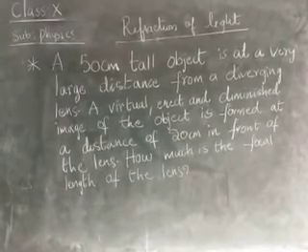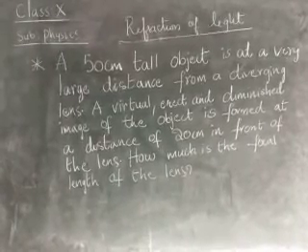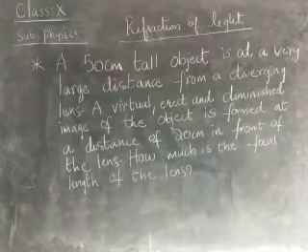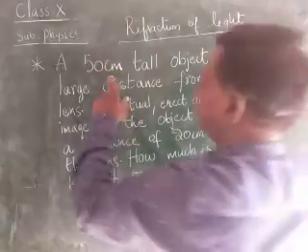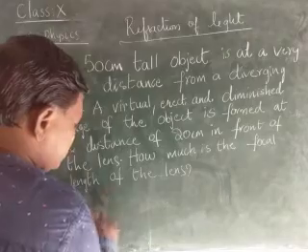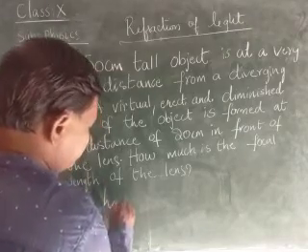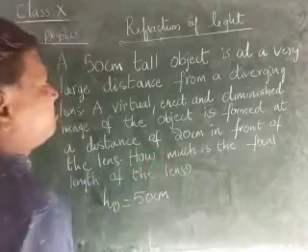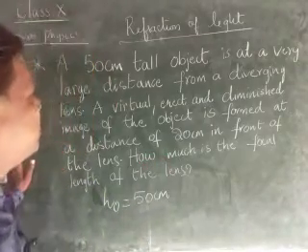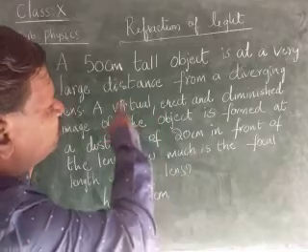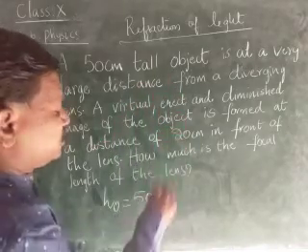Okay, children. Therefore, here you should note down what is given. Height of the object is 50 centimeter. Okay, children. What type of lens is it?